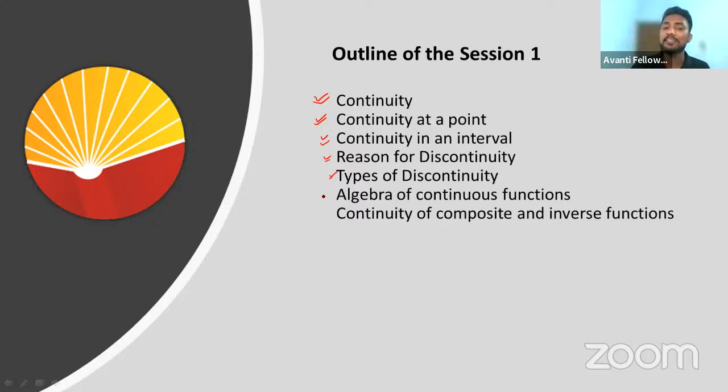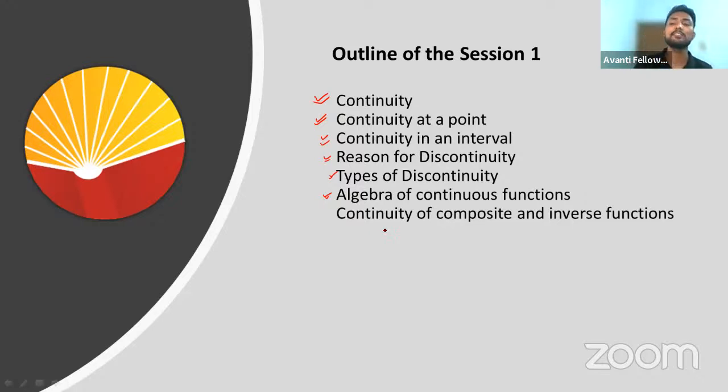After that we will see the algebra of continuous functions, meaning if two functions are continuous, what will be the nature of the sum, difference, product and quotient of those two functions. We will also see continuity of composite and inverse functions.